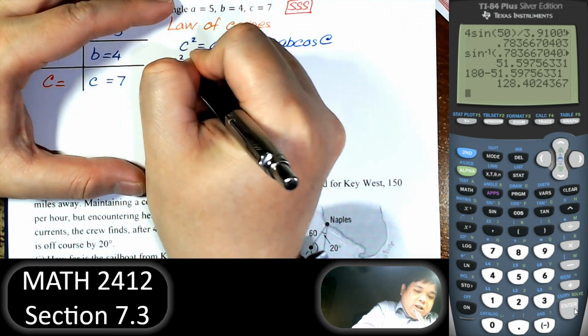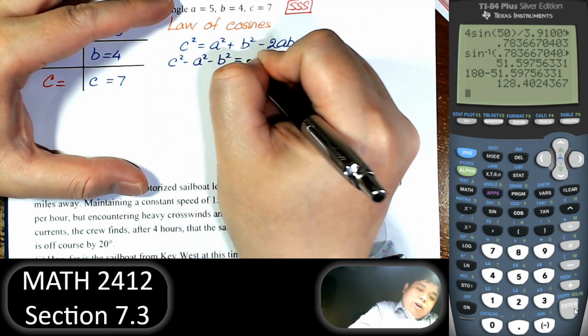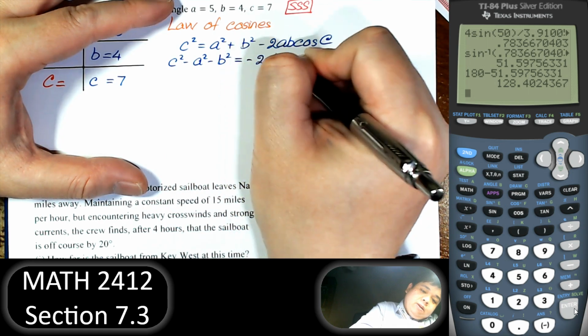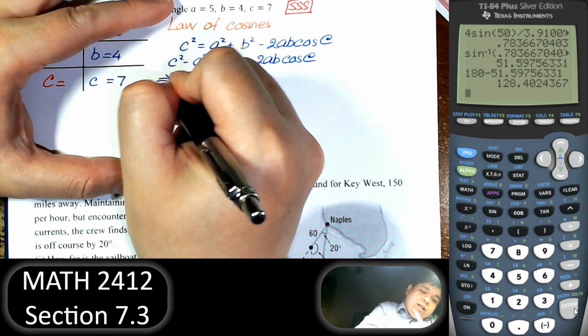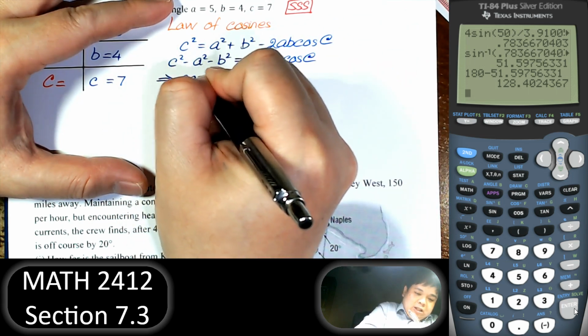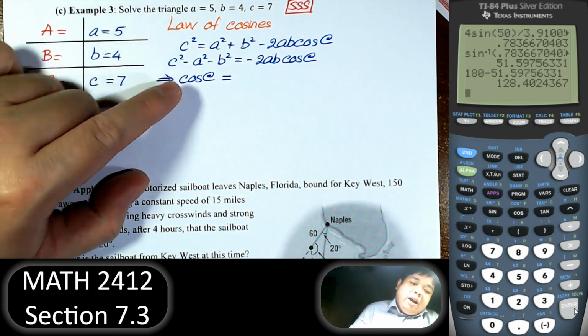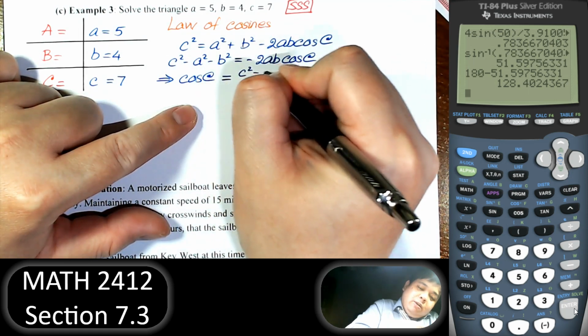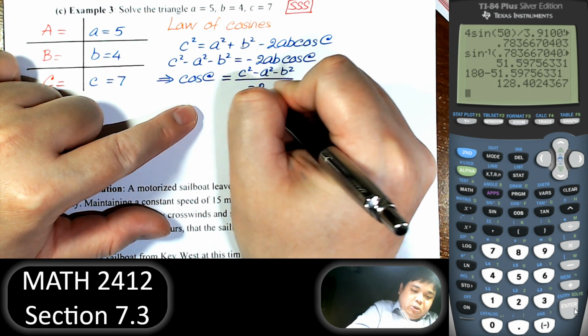Subtract a squared and b squared, and we have negative 2ab cosine c. To solve for cosine c, we have c squared minus a squared minus b squared over negative 2ab.